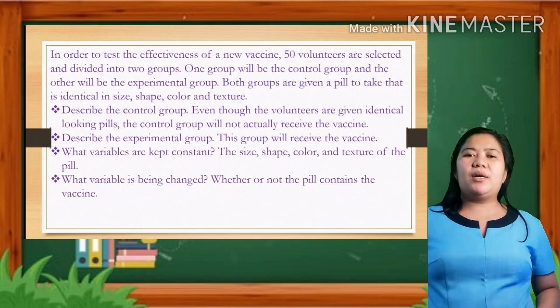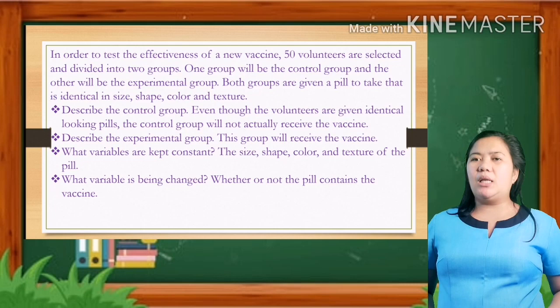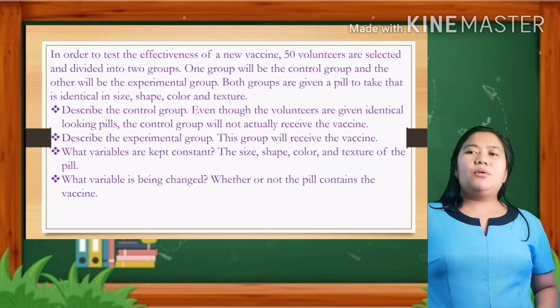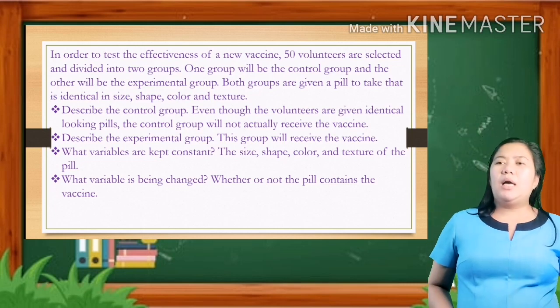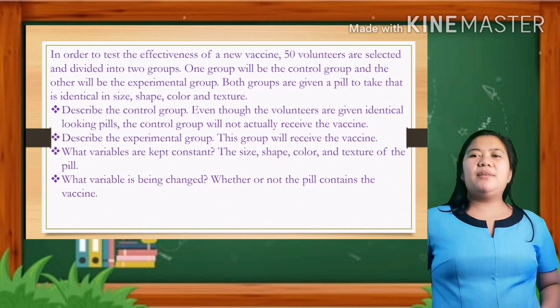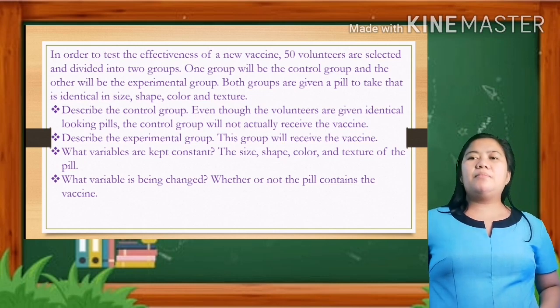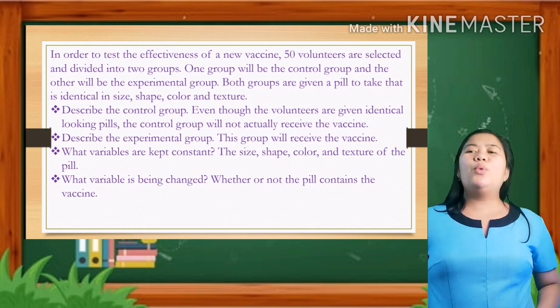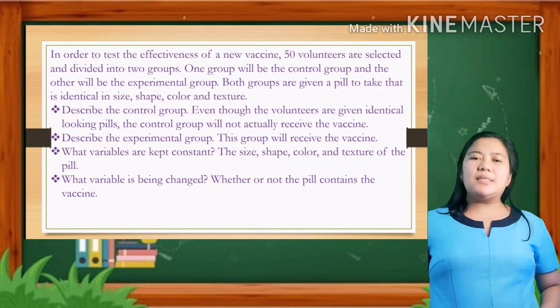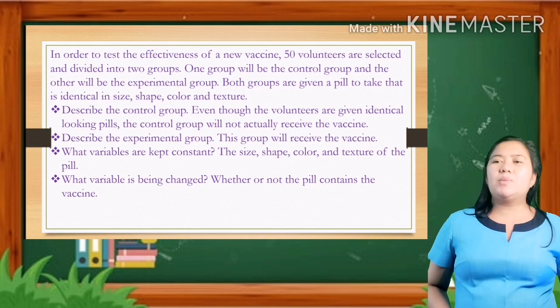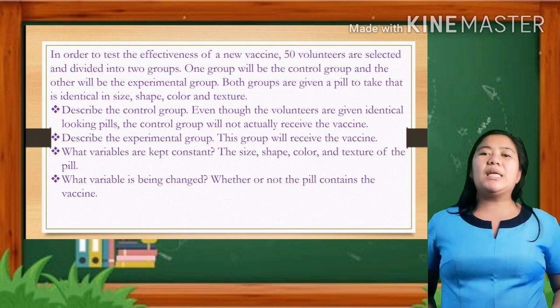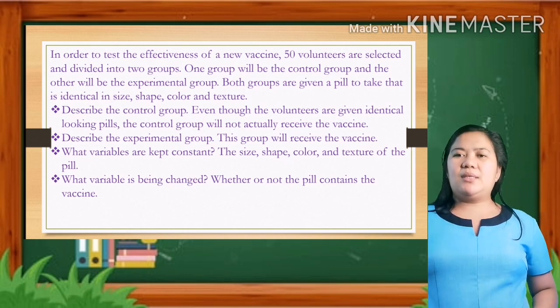On the control group, even though the volunteers are given identical looking pills, they will not actually receive the vaccine. Okay? Now, the experimental group will receive the vaccine.